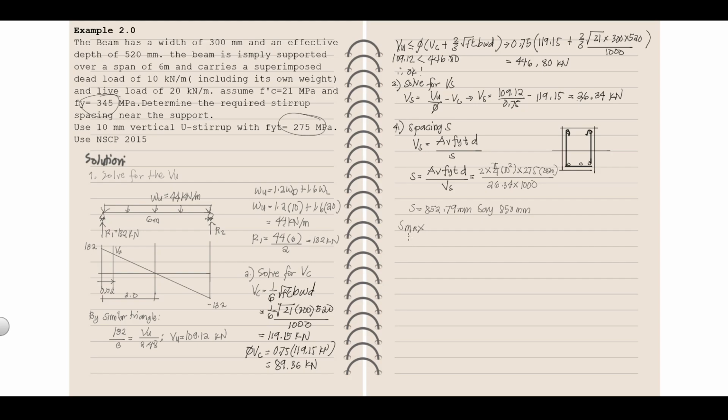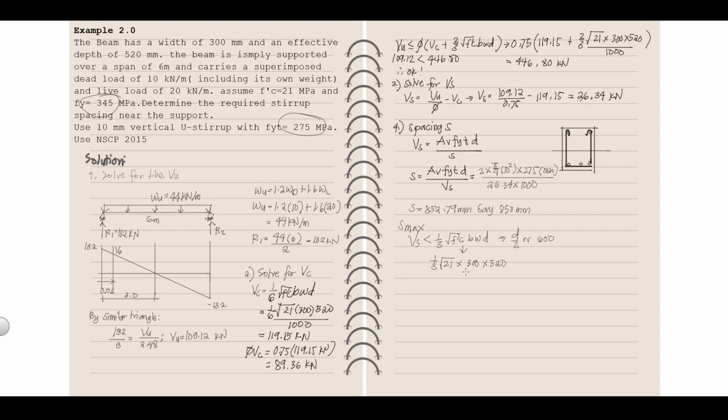Dapat pumasok itong 850 sa ating maximum spacing po natin. So, nakadepende yung maximum spacing natin sa ating VS. If our VS is less than the 1/3 square root of F prime C BWD, you will have D over 2 or 600 as your maximum spacing value. So, check muna natin kung ano yung magiging value nito. That's 1/3 square root of 21 times BW 300 times D 520.